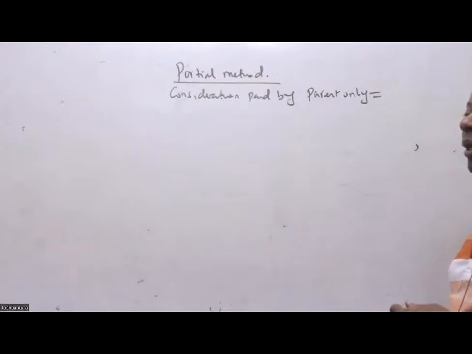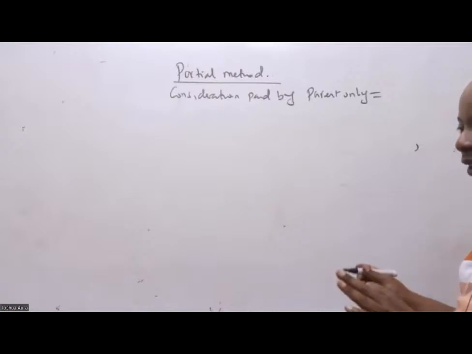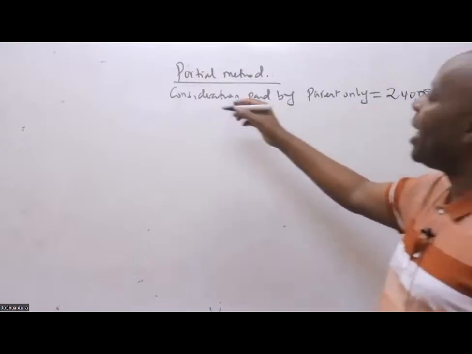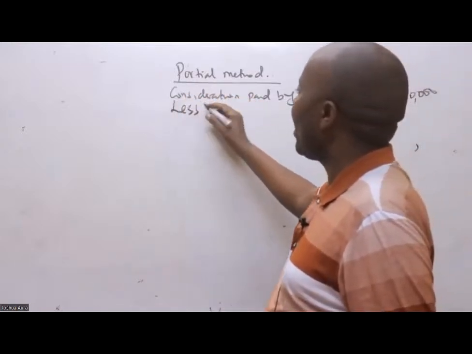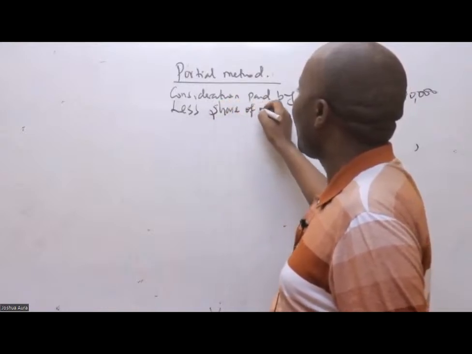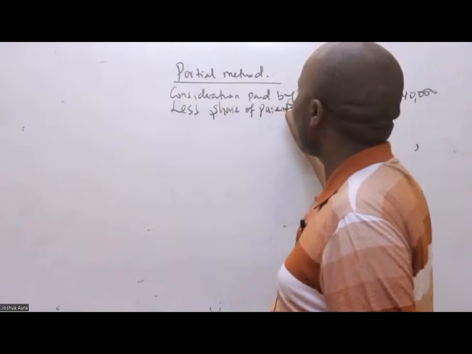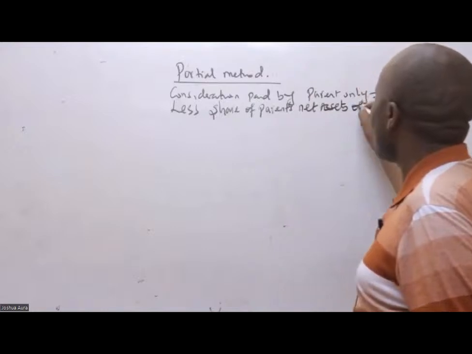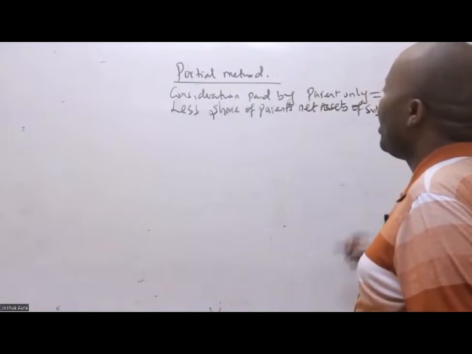$240,000, right? So we have 240,000. And then you come here under less the share of the parent's net assets of the subsidiary.